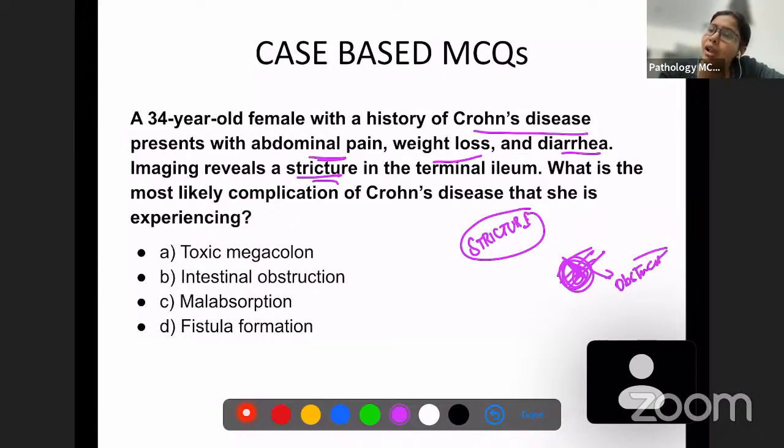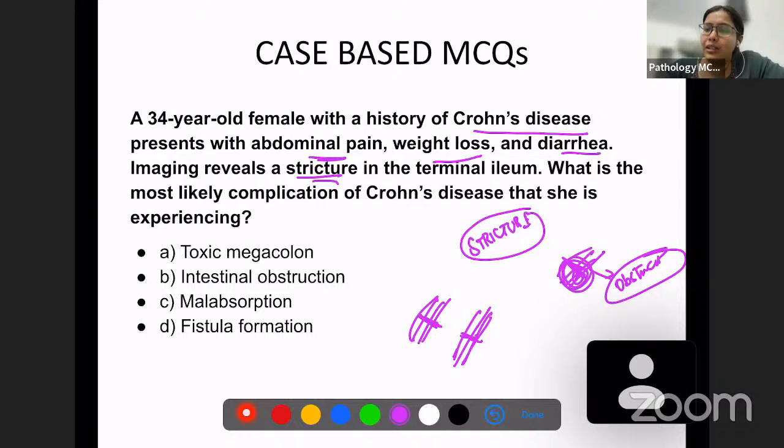So that is also a feature of Crohn's disease. What is the most likely complication of Crohn's disease that she is experiencing? You know that these 4 layers are there. This has constricted and they are forming a block over here. So whenever there is a block, what complication will be there? Intestinal obstruction. So whenever stricture is there, we will have intestinal obstruction.